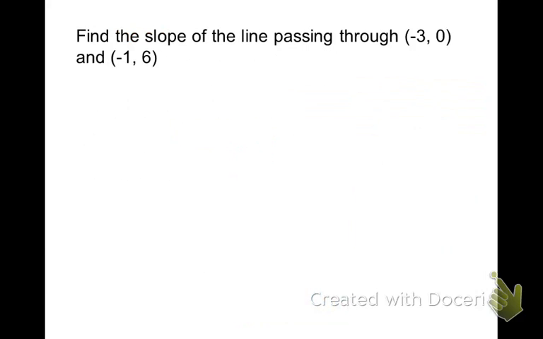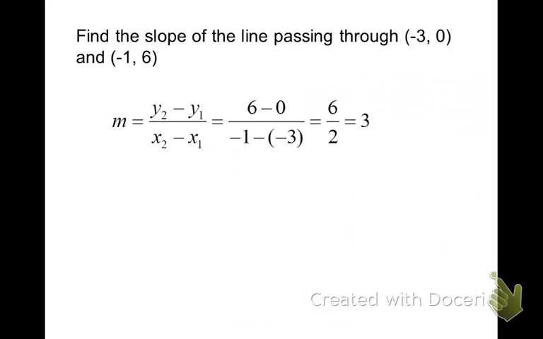If they ask us to find the slope between the 2 points negative 3, 0 and negative 1, 6, we're going to determine which point I'm going to call point 1 and which point I'm going to call point 2. In this case it looks like y sub 2 is the 6, so I'm going to call this x sub 2 and this y sub 2, and I'm going to call this x sub 1 and this y sub 1.